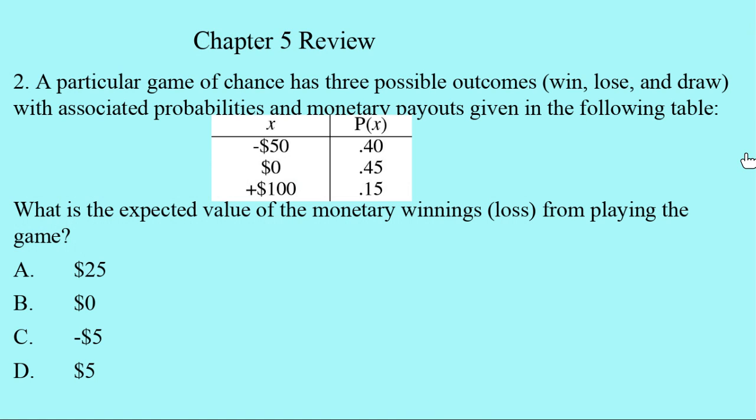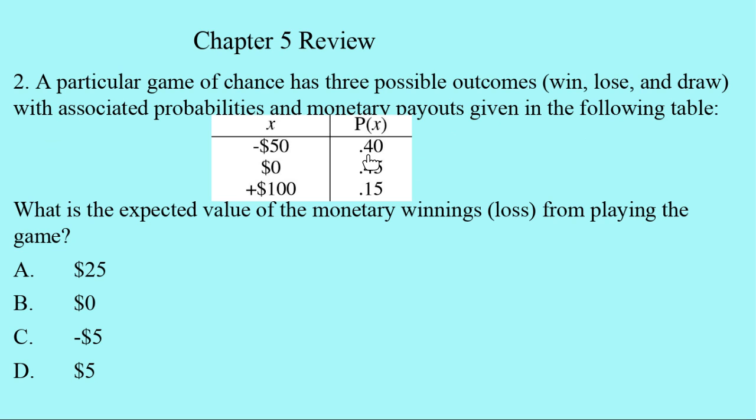All right. A particular game of chance has 3 possible outcomes: win, lose, and draw, with associated probabilities and monetary payouts given in the following table. You have X, which you lose.